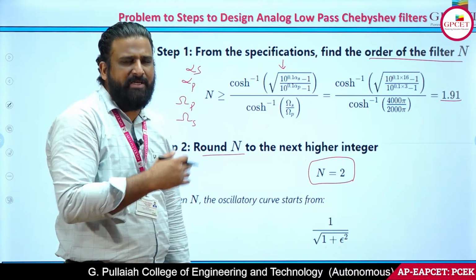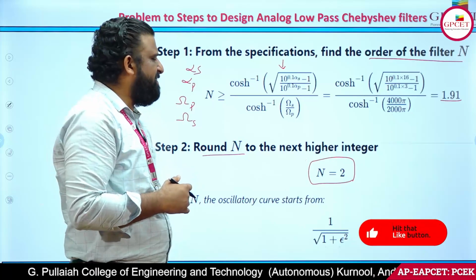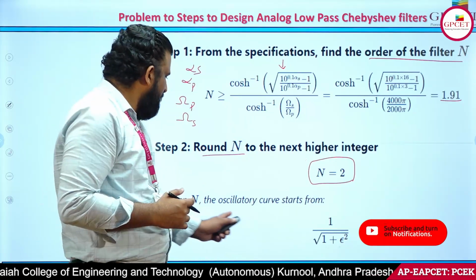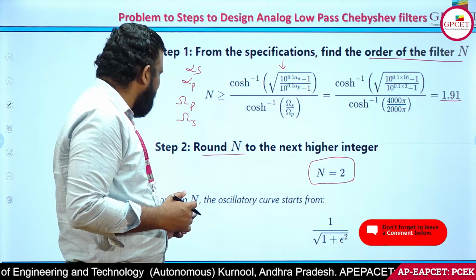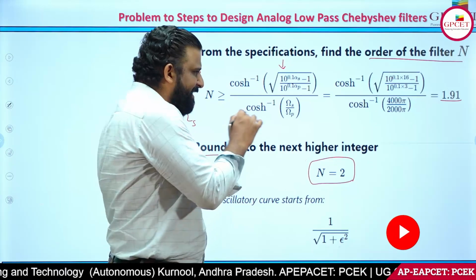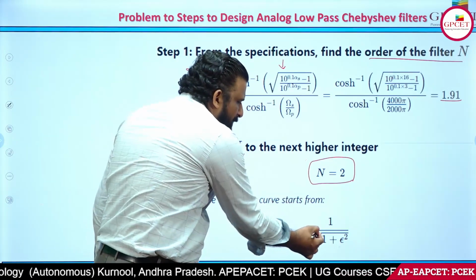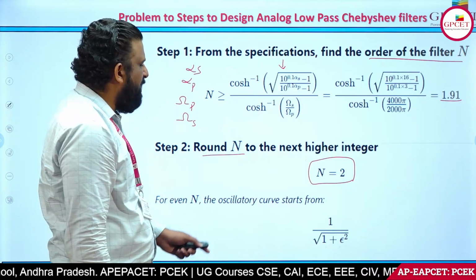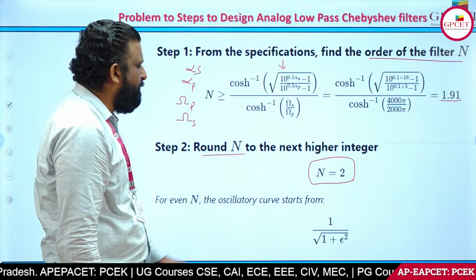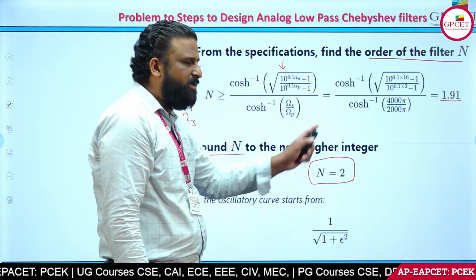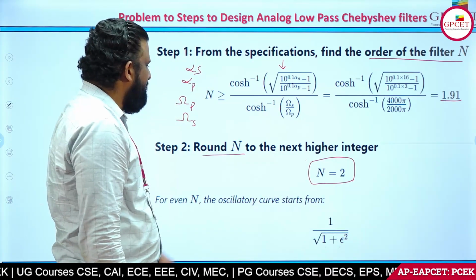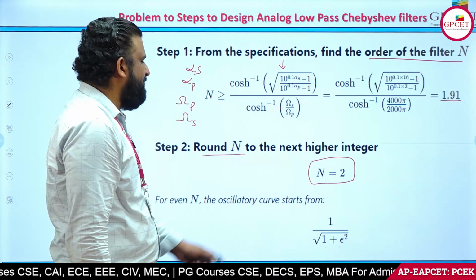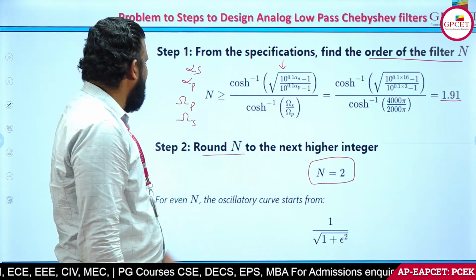We have seen the frequency responses in the previous slides, type 1 and type 2. If the value of N is even, the curve will start from 1 by square root of 1 plus epsilon square. If it is odd, it will start from 1 by square root of 1 plus lambda square. So depending upon the value of N, where the oscillatory curve starts will show. Fine, so we got 2 steps.